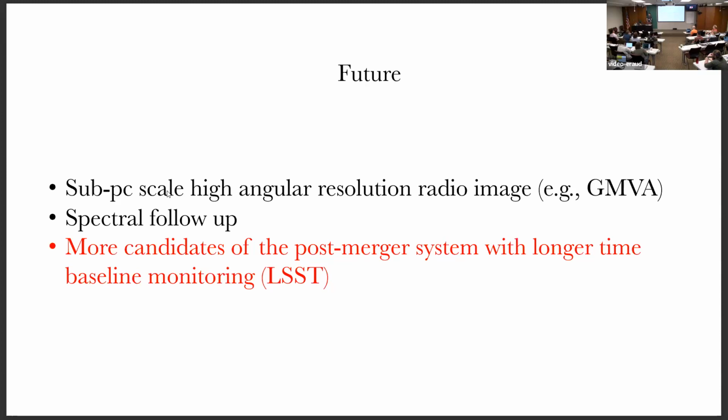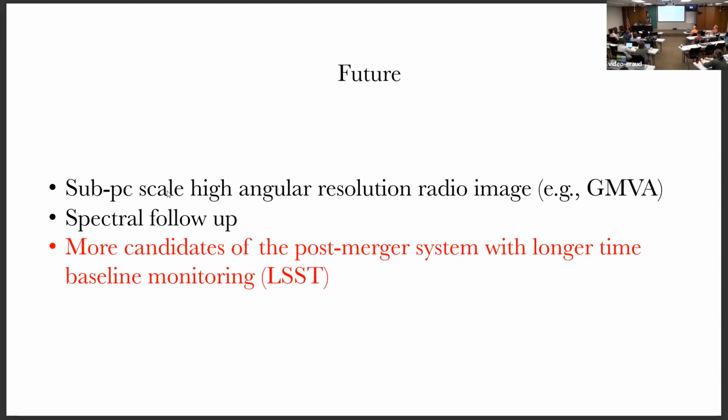So we need a later spectrum, one obtained at a later time, and more importantly, LSST will give us tons of images with very good surface brightness sensitivity. So we would like to have candidates like Markarian 1018. We will see more post-merger galaxy systems, and also some light curve variation from them.